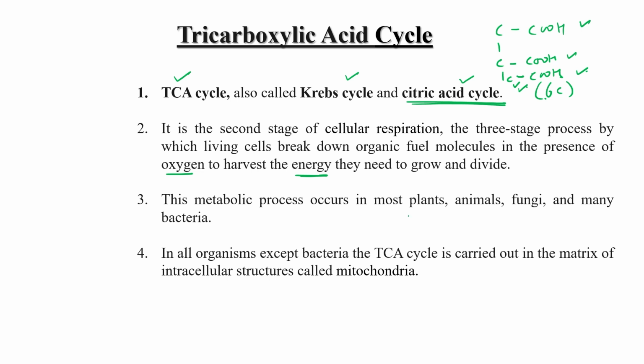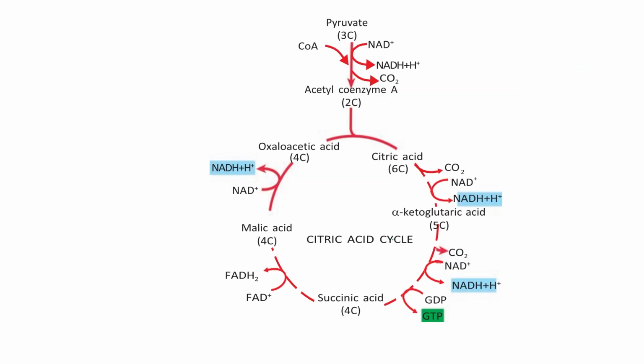This metabolic process occurs in most plants, animals, fungi and bacteria. In all organisms except bacteria, the TCA cycle is carried out in the matrix of the mitochondria, an intracellular structure. Now this is the TCA cycle or citric acid cycle we have just discussed. This pyruvate is the last product of glycolysis, right?